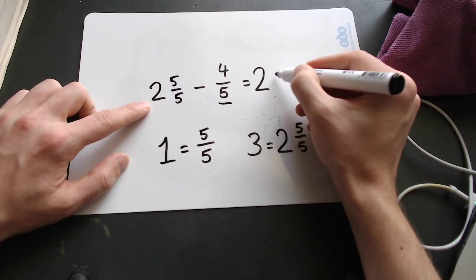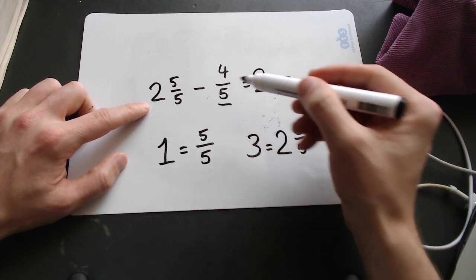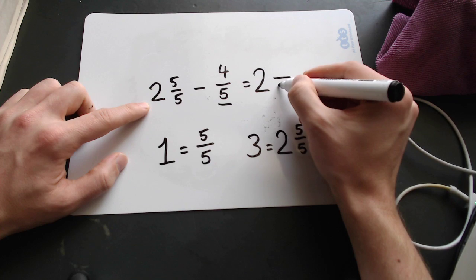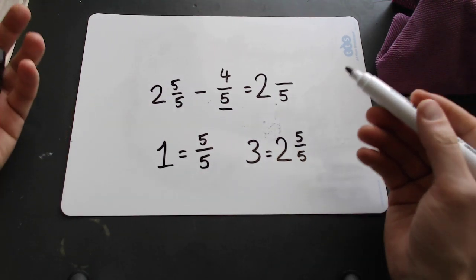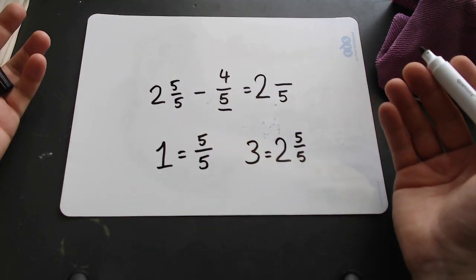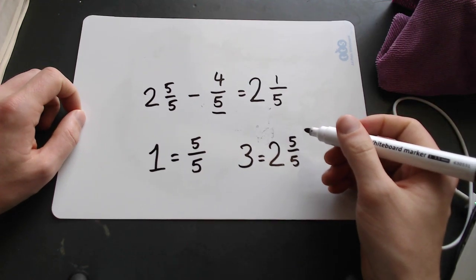That's a given. Then I want to write down the fraction. Now we already know the denominator of the fraction because they're both 5. So the denominator doesn't have to change. So I'm just going to write down the 5 here. I already know that. So the only actual math that I have to do here is 5 take away 4. So my answer is 2, 1/5.